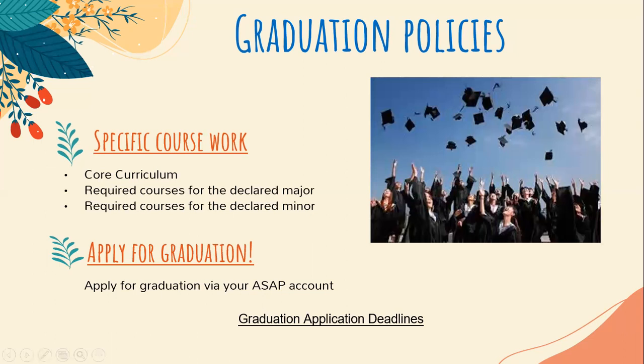Now, the graduation application itself only takes about 10 minutes maximum. Basically, it is going to have you verify the spelling of your name. It will have you verify your mailing address, as the diploma is mailed to you approximately 45 days after the end of the semester. And then it is also going to ask you some survey questions, such as what were 5 resources that helped you reach this graduation goal?